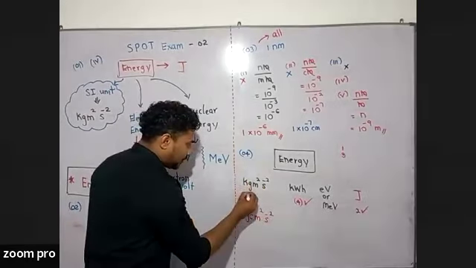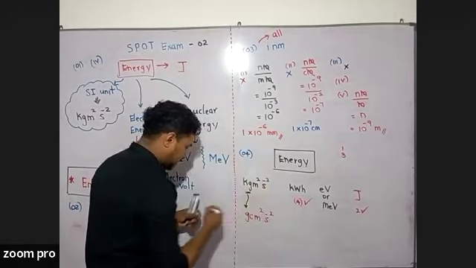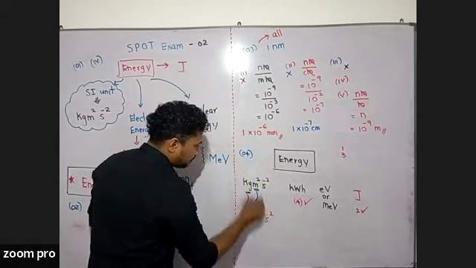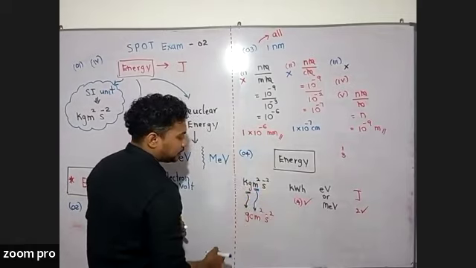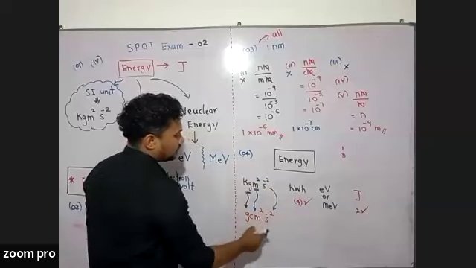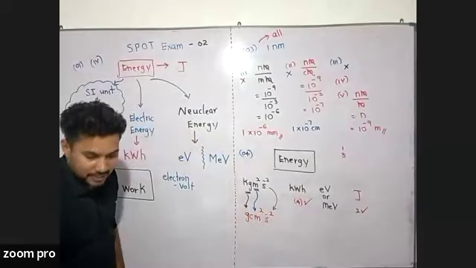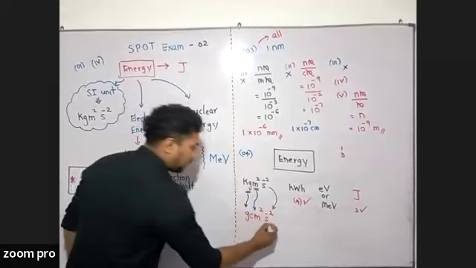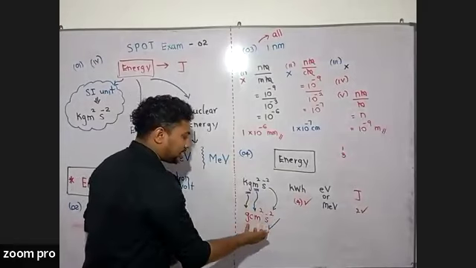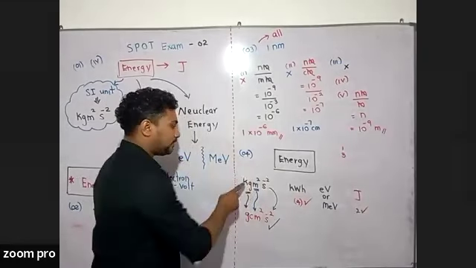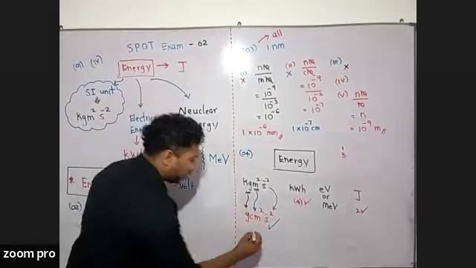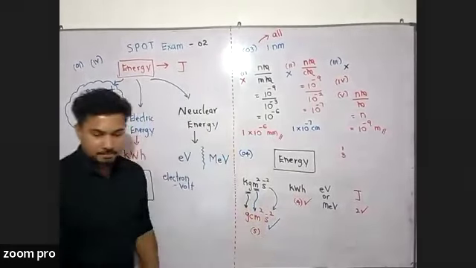So here kilogram is converted into grams, meter square converted into centimeter square, and s minus 2 is also given as the same unit. So this answer also can be accepted, because this unit is similar to the SI unit of the energy, right? So the fifth answer can also be accepted, right?